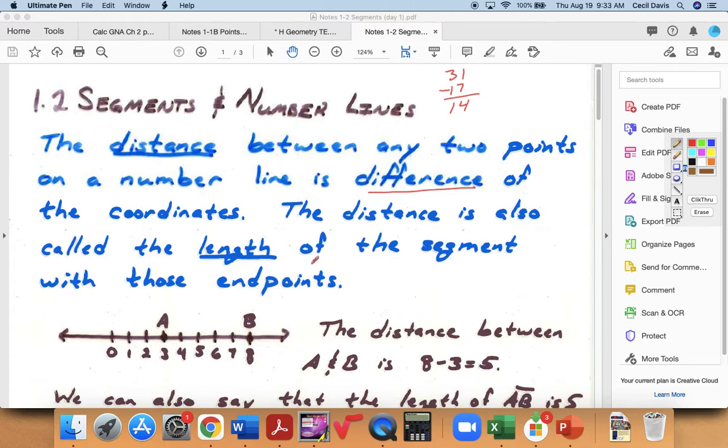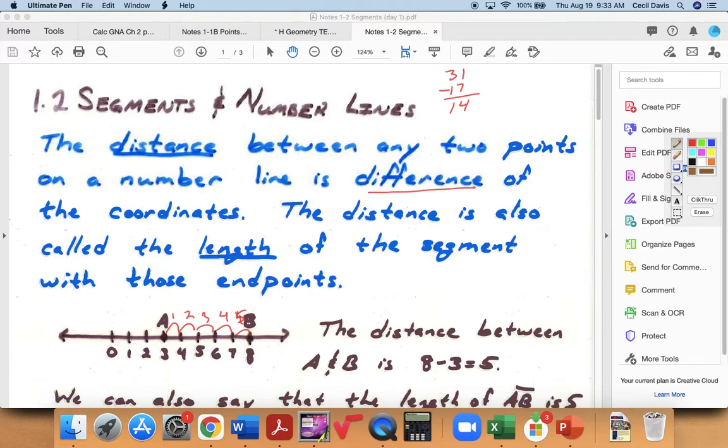Now, some of you would say, well, I could just count that. And absolutely, you could. That's 1, 2, 3, 4, 5 steps. And if it's close enough to each other on a number line, counting is just fine.